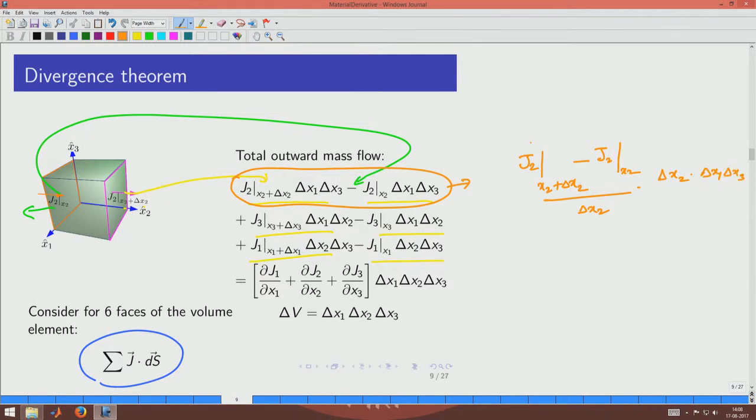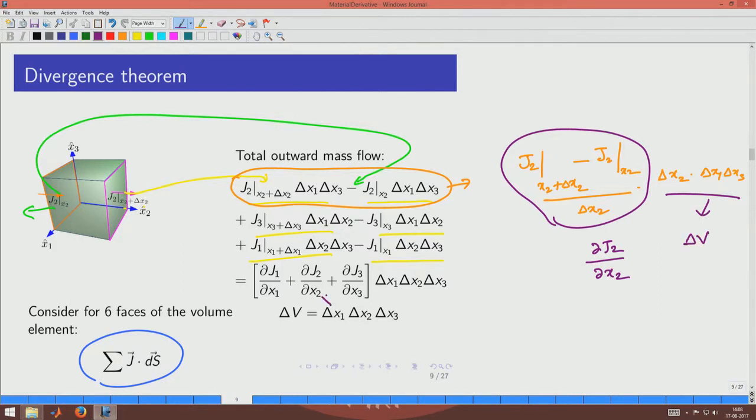So, we now have a way by which we can combine these, and for a very small control volume this would look like this, and this is delta V. So, that is what we have written here.